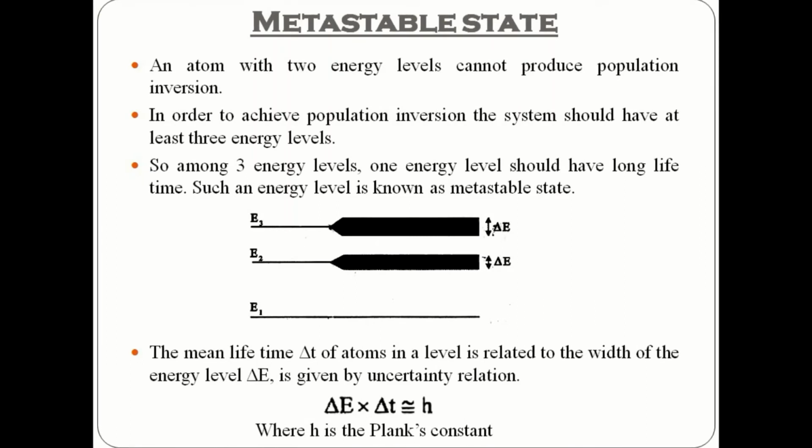The lifetime of atoms, delta T, in a particular energy level is related to the width of the energy level, delta E, by the uncertainty relation mentioned in the previous chapter, delta E into delta T equal to h, where h is Planck's constant.